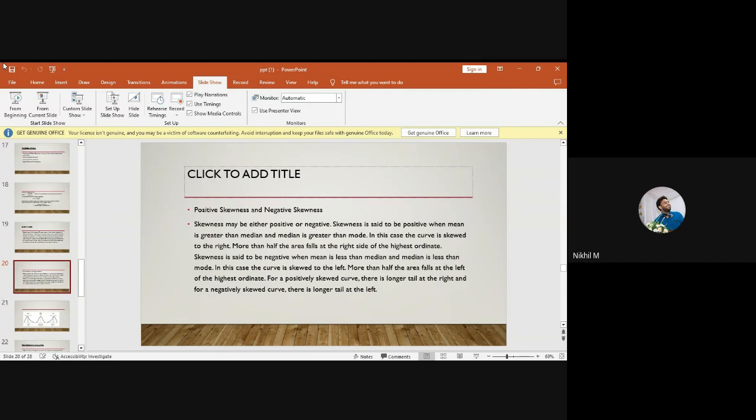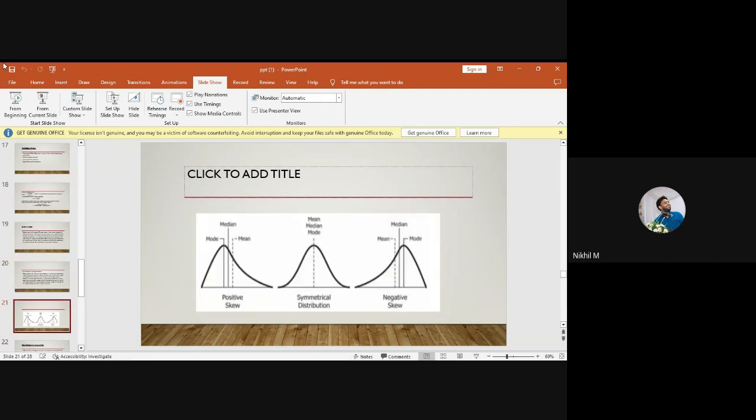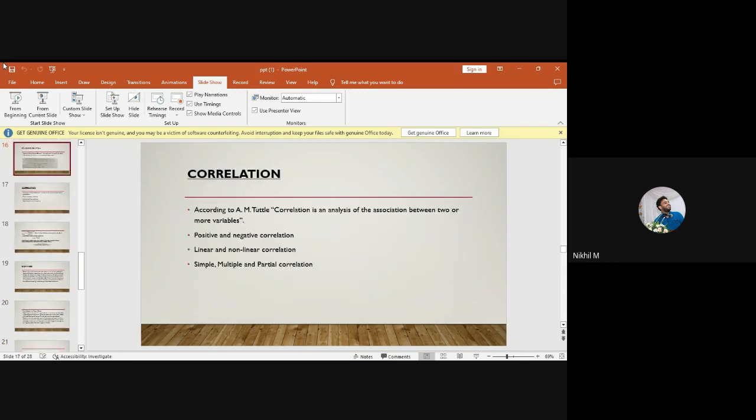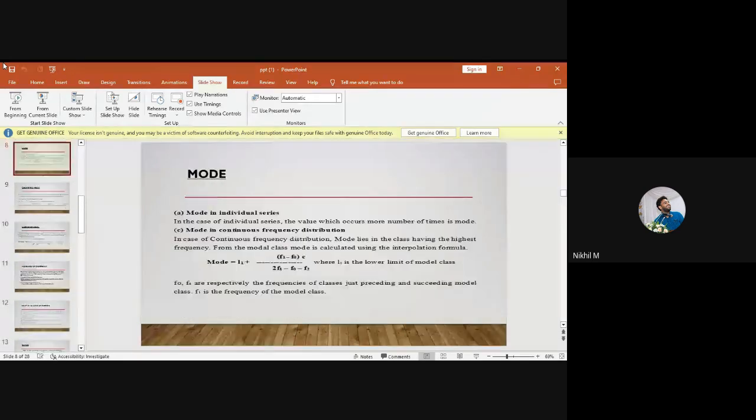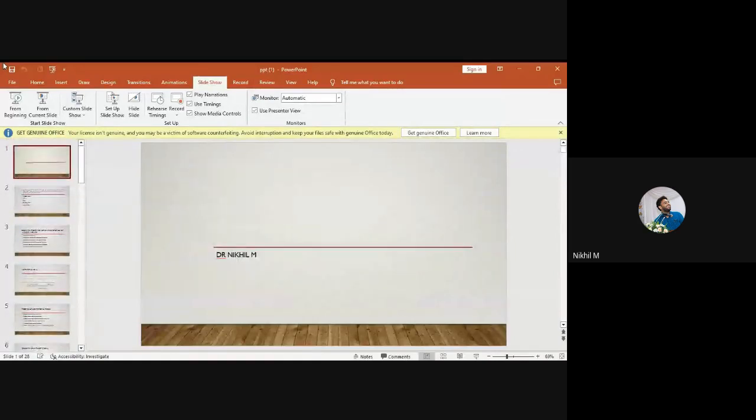I will share them with the RTMs or concerned groups. Those who have any doubts, you may ask now.